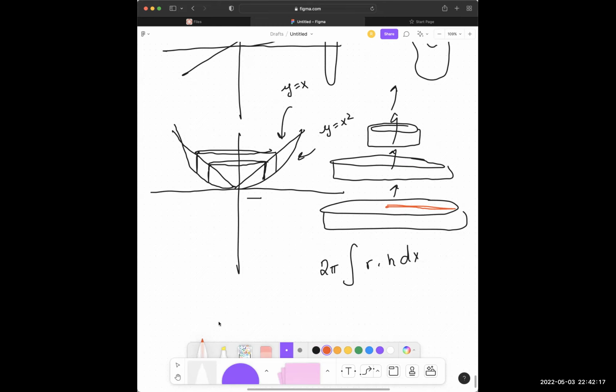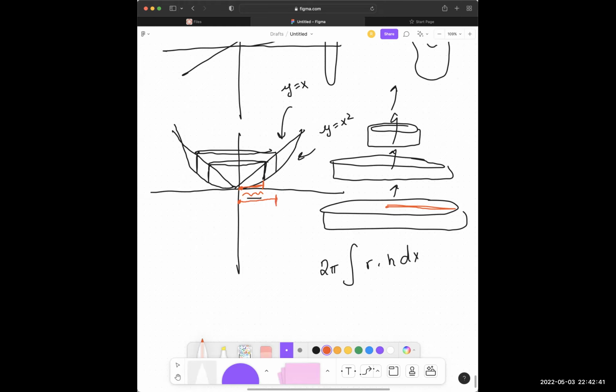Well, it's the distance that is being stretched along the x-axis. So for this shell, this is the radius, right? It's this distance along the x-axis. For this shell that we drew up here, the horizontal distance is that distance that we stretched, right?